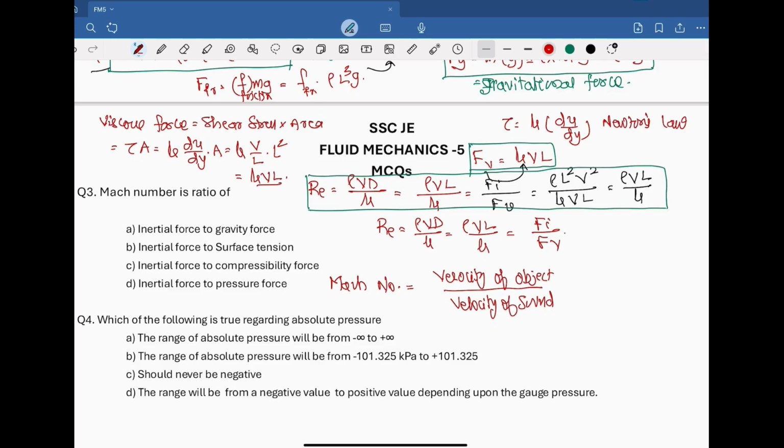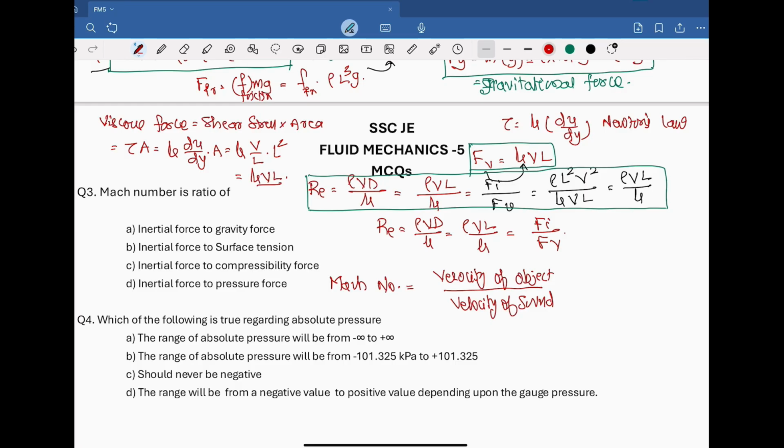Nothing can move beyond the speed of light, but things can move beyond the speed of sound. An object moves at some speed with respect to the velocity of sound.